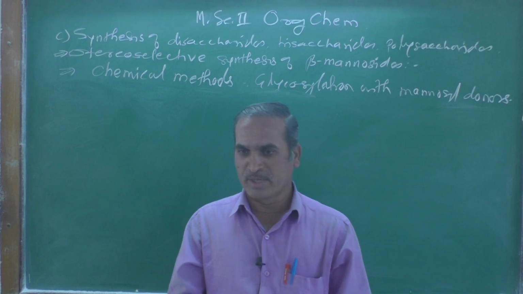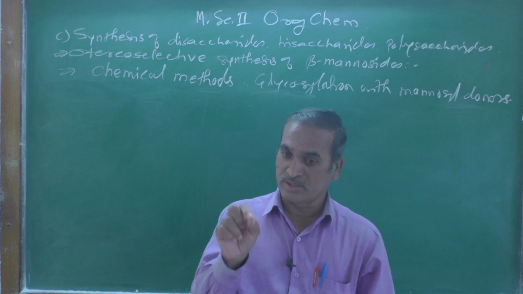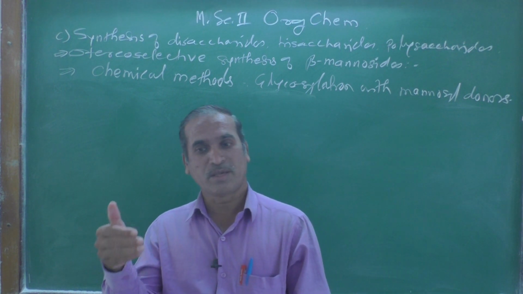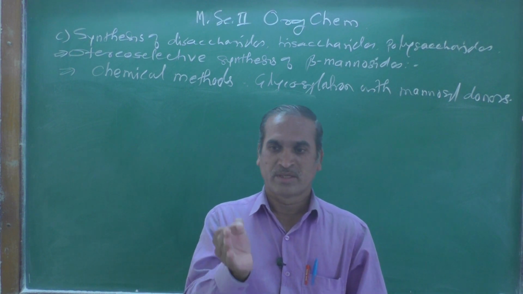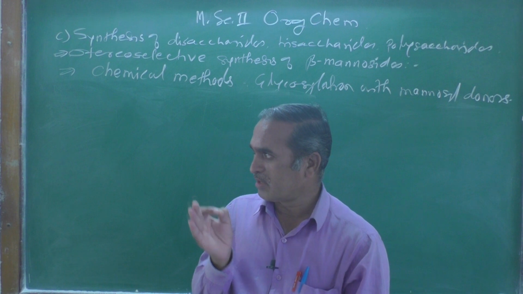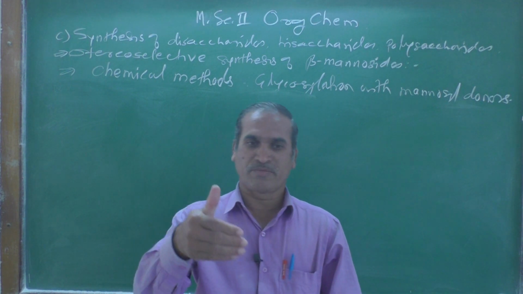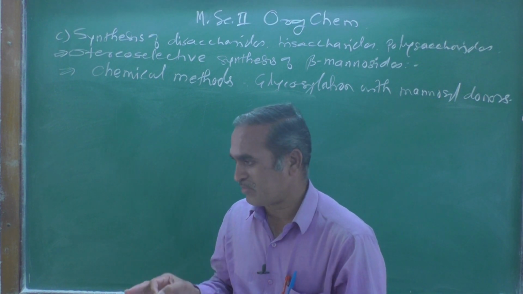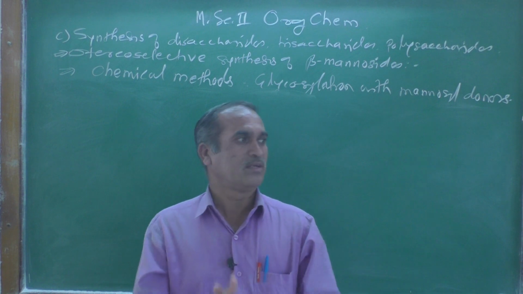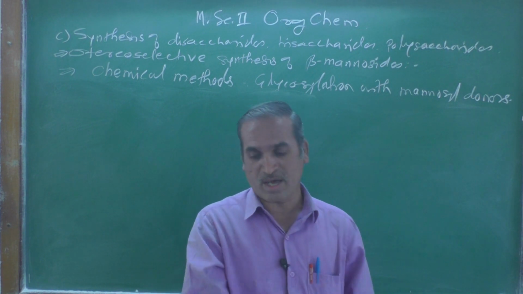And if you remember, D-mannose and D-glucose are epimers of each other. Epimers means the connectivity of the carbon skeleton, the framework of the carbon atoms, is the same, but they differ only in configuration at one carbon atom.